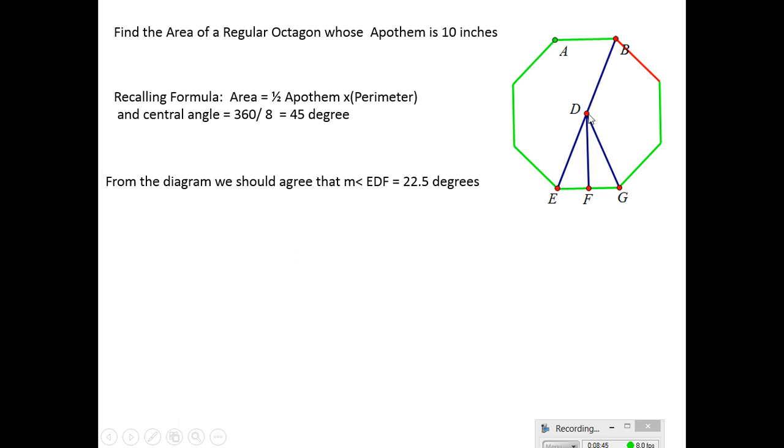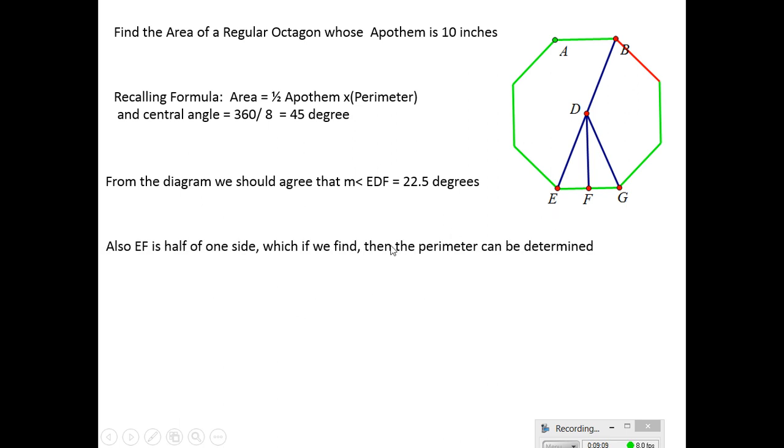If we draw the apothem in right here, the angle EDF is half that, 22.5. The apothem over here is 10. Trigonometry will be able to find the segment EF. With the segment EF, we can find EG. With EG, we can find the perimeter.